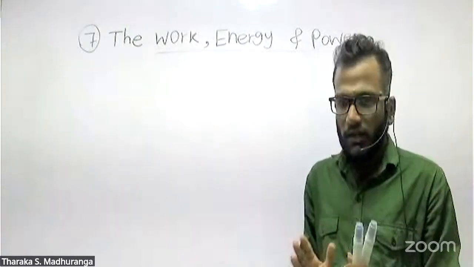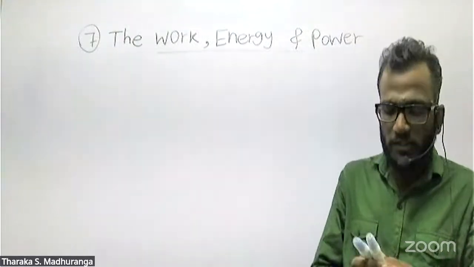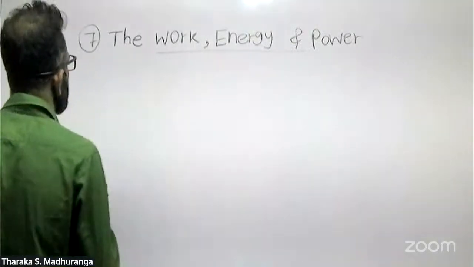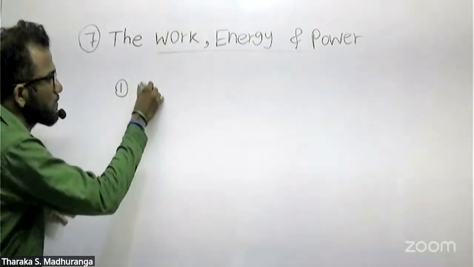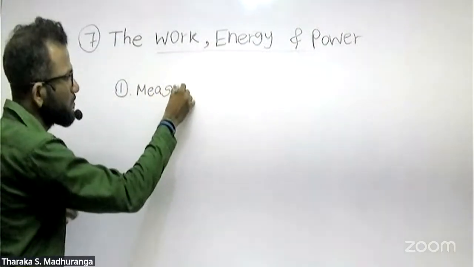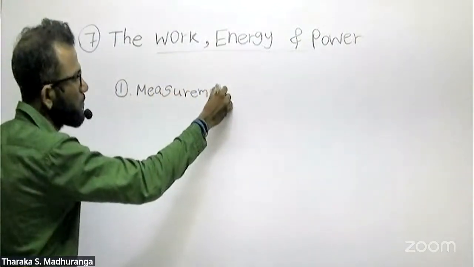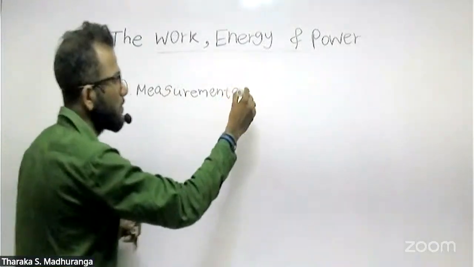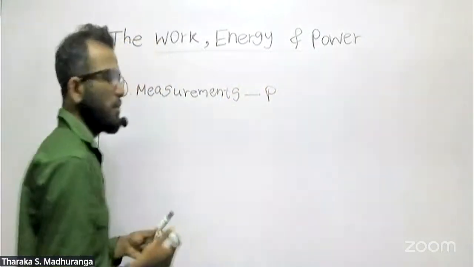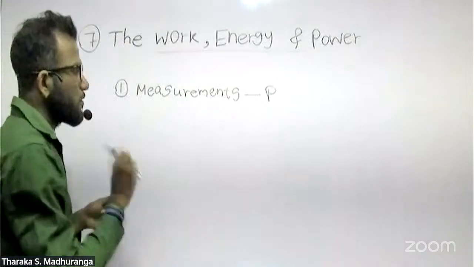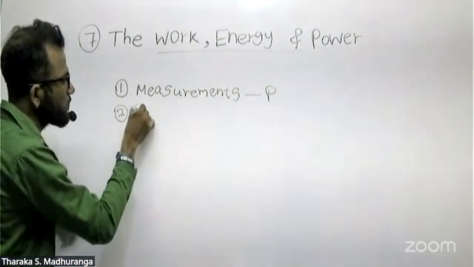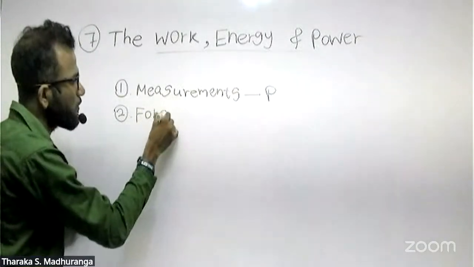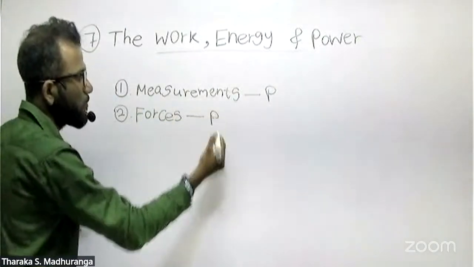In our class up to now we have covered 6 lessons. The first one is measurements and measuring instruments, a physics lesson. The second one is forces and their behaviors, also a physics lesson.